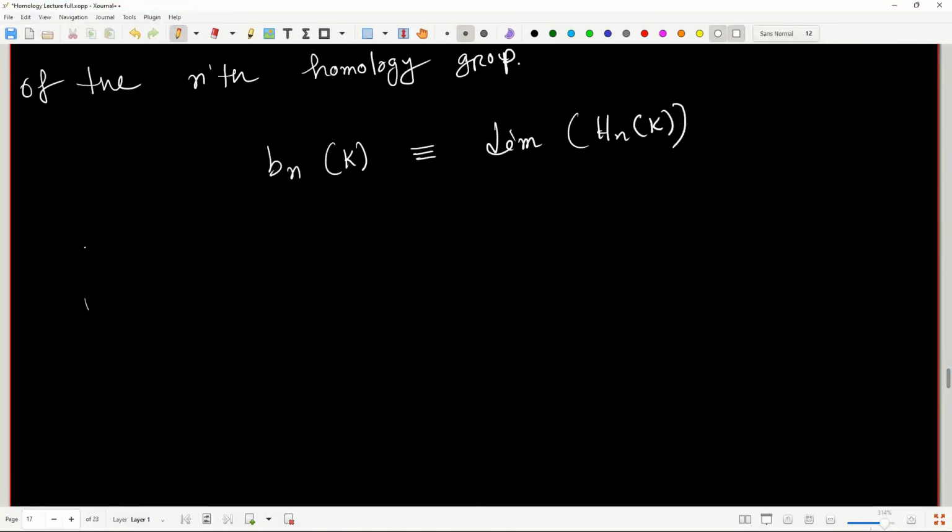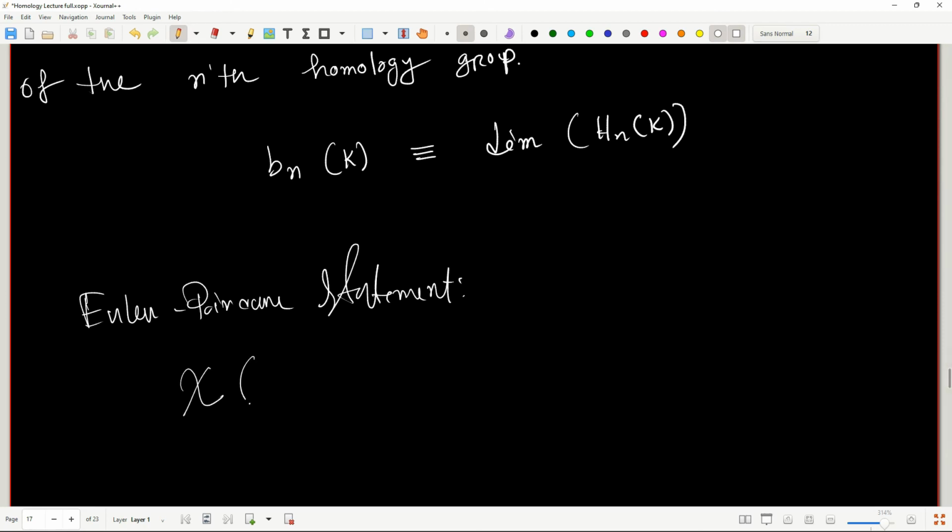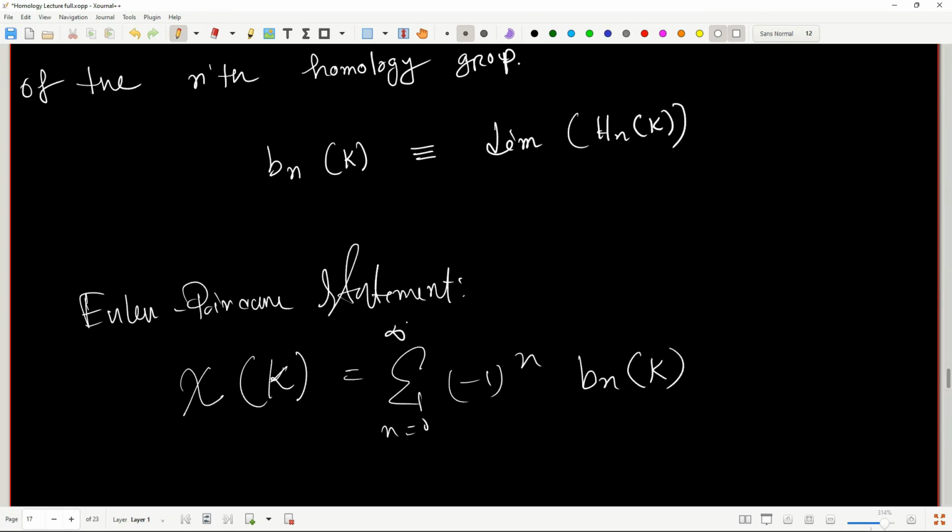So this is the Euler-Poincare statement that relates the Euler characteristic of some space K, or so to say a simplicial complex or the triangulation of some space, that is denoted by K, and this is the summation of Bn of K, where n runs from 0 to infinity.